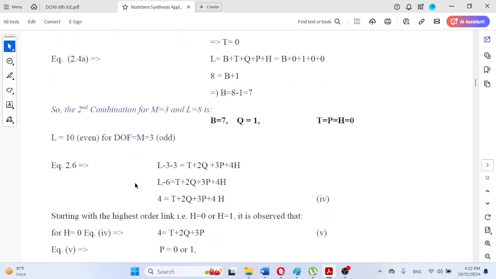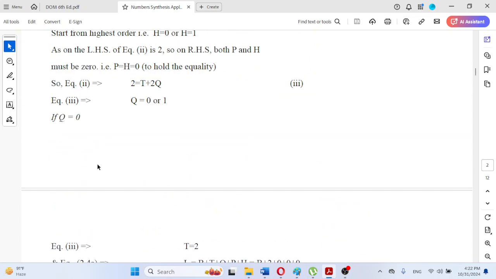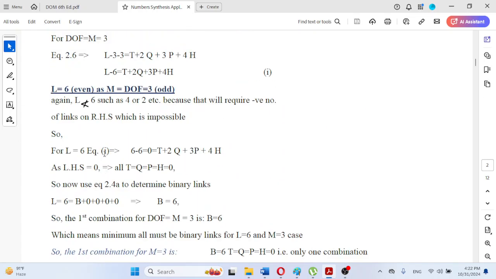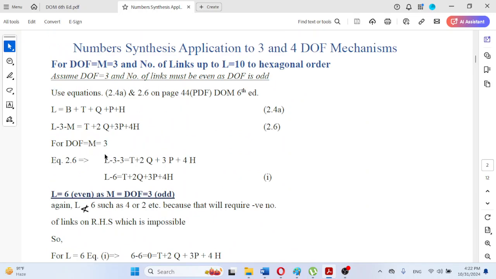So now we will be trying the next value in this equation. L minus 6 is equal to T plus 2Q plus 3P plus 4H. So the next value will be a positive number of links, because the DOF is odd, so that is 10.